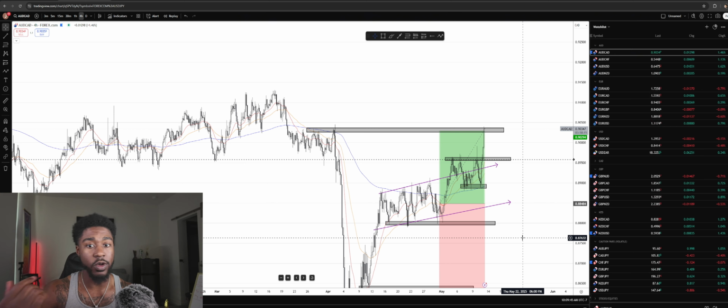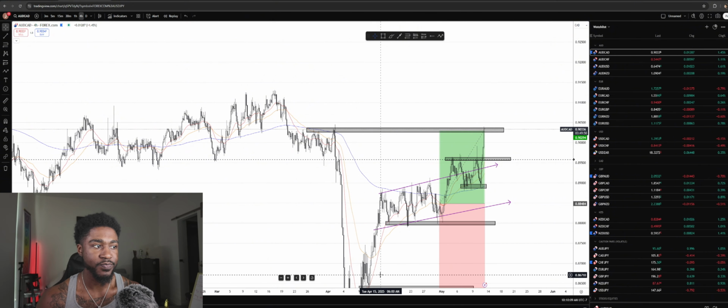One, I don't have a stop loss, I dollar cost average. And two, I look at fundamentals to get a grasp of where price might head. I'm making an educated guess on where price might go based on my fundamental analysis, and I'm using technical analysis to execute the trades. I hope that makes sense.